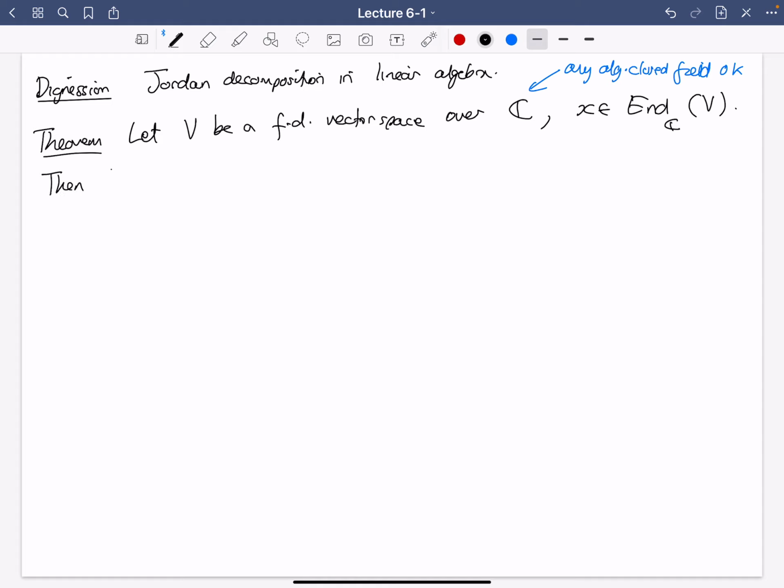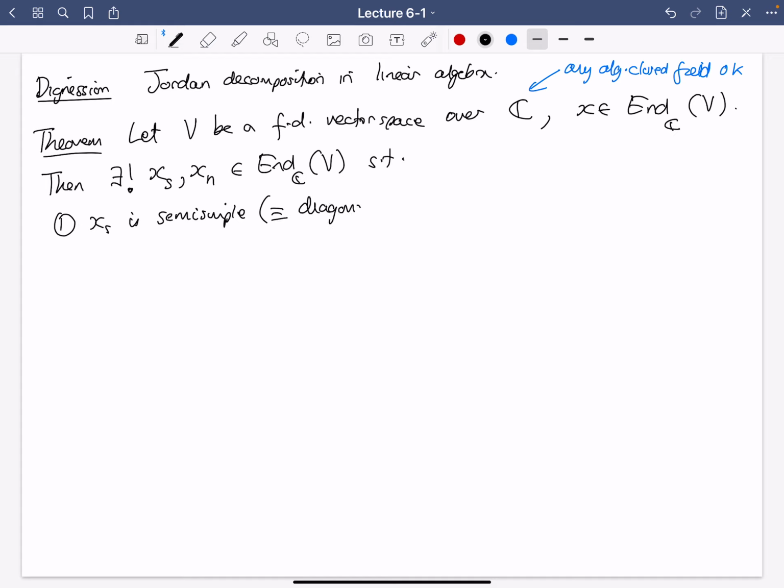The theorem, the Jordan decomposition, says that there exist unique endomorphisms xs and xn in End(V) such that, first, xs is semi-simple. I'm not sure I've used that word before. That's the word used, but it just means the same thing as diagonalizable. So it means that the minimal polynomial of xs has distinct linear factors.